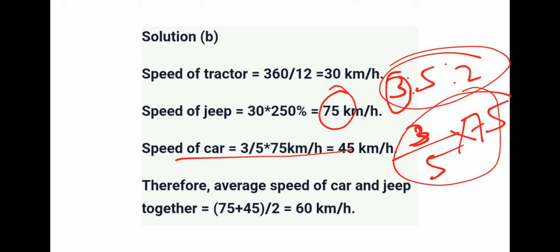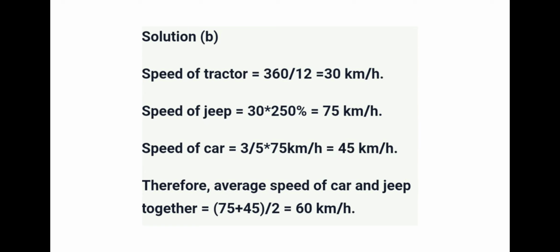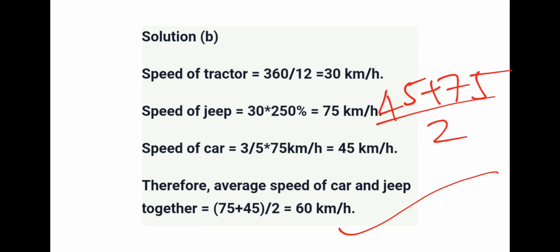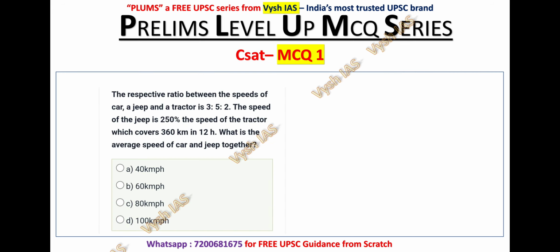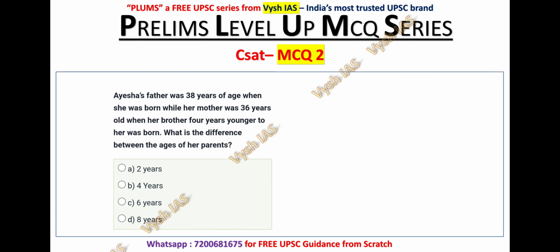So 3/5 into 75 is nothing but 45 km per hour. So we have got the speeds of jeep and car. They have asked us in the question the average of the speeds of the car and the jeep. So the car speed is 45 plus the speed of the jeep 75, divided by 2. The value is 60 km per hour. So option B, 60 km per hour, is the correct answer.